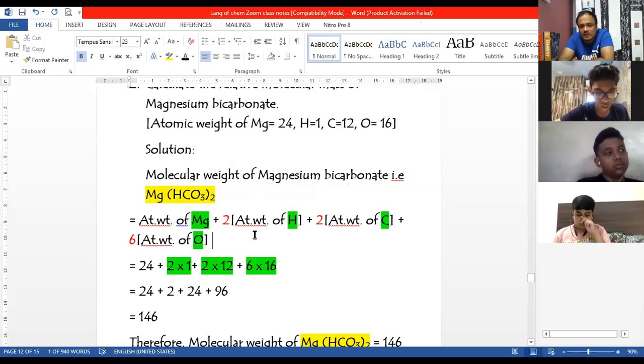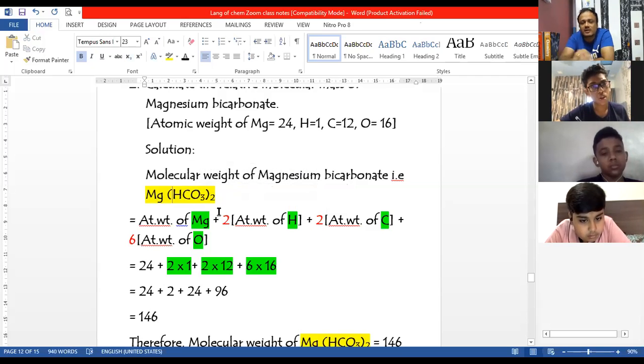There are 2 ways to do this. Either that way, or we can take this 2 and multiply it with every element present there, as is done on the screen. It is up to you, whichever method is easy for you. I can take the 2 common and put everything in the bracket and multiply that, or I can take this 2 and multiply it with each of the elements present inside the bracket.